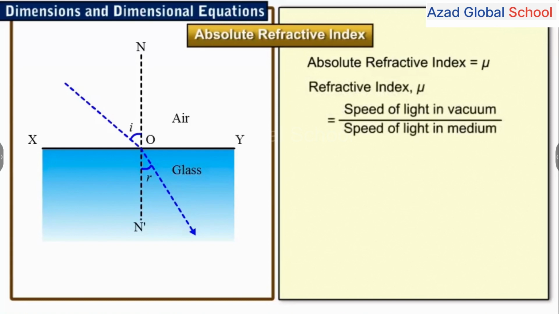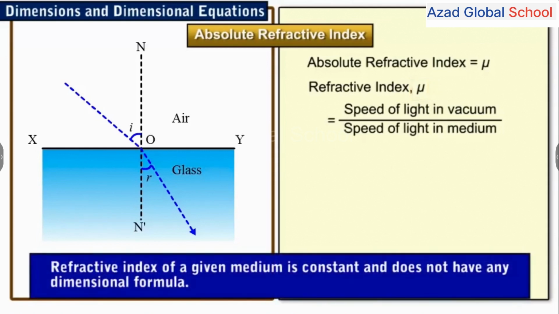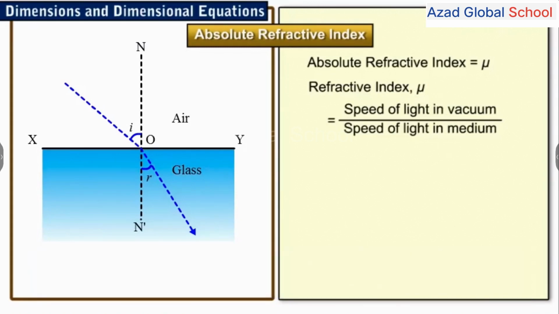Refractive index is just a number and significant even though it does not have any unit, because the value of mu of a medium indicates the extent to which a ray of light bends on entering the medium at a given angle of incidence. Refractive index of a given medium is constant and does not have any dimensional formula. You will learn about refractive index in detail later in the course.